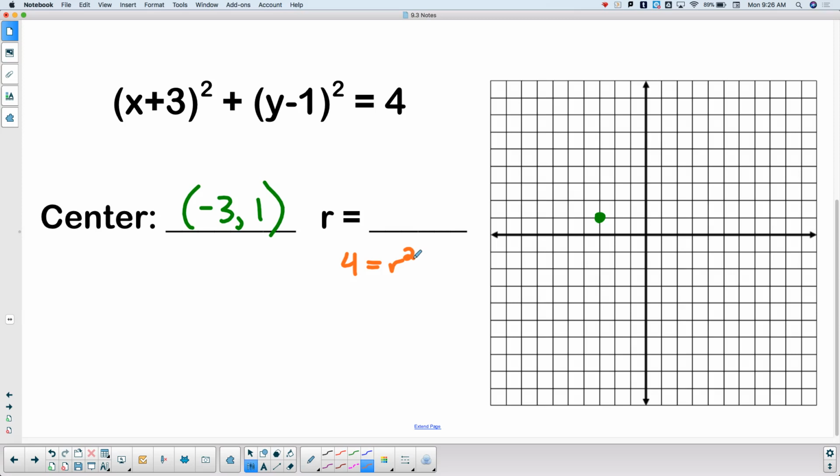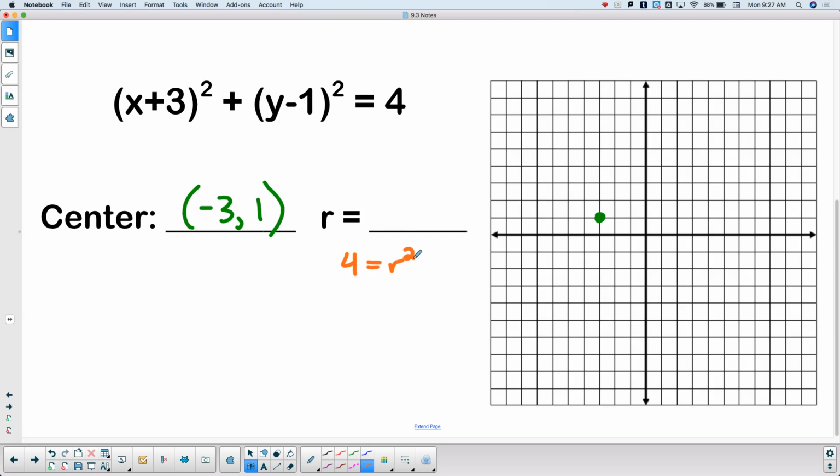Now, Kalia, big question. I've ingrained it on the insides of your eyelids because we've talked about it so much that whenever we're solving and we take the square root, what do we have to add in? Plus or minus, right? Can I have a negative radius?